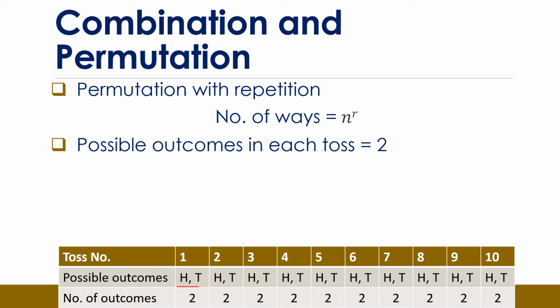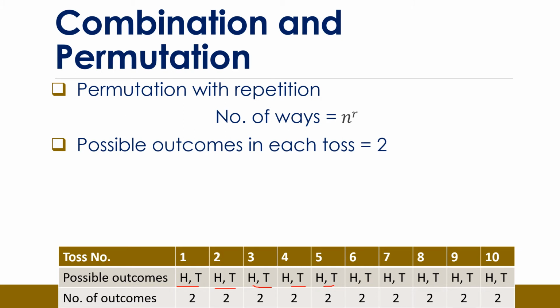This is either head or tail in each toss up to the last one. Now, for each toss, we can get the same outcome. That means that we can get the same outcome in the first toss, second toss, up to the 10th toss.